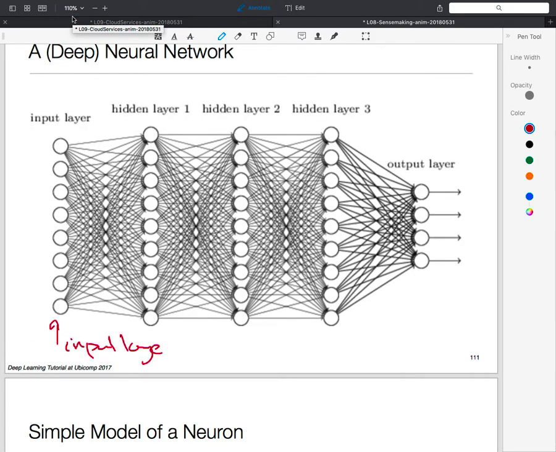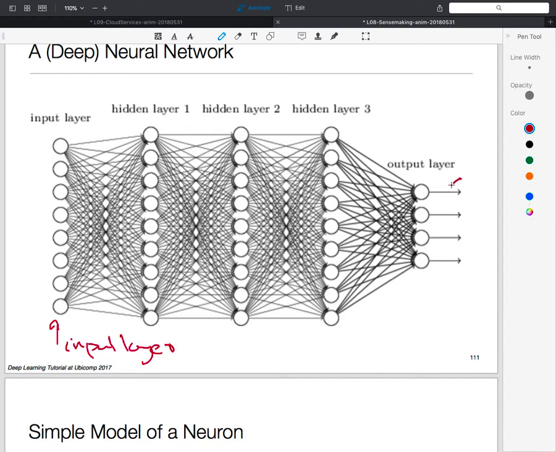The computation progresses layer to layer. Every neuron outputs information, which is then received by neurons in the next layer, which compute their output as a function of those inputs, and that process goes on.